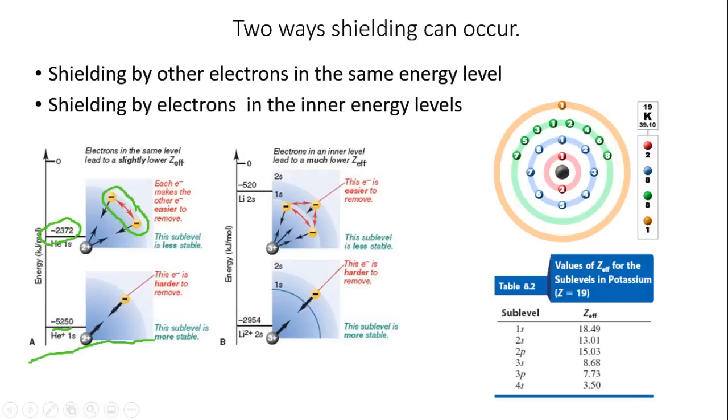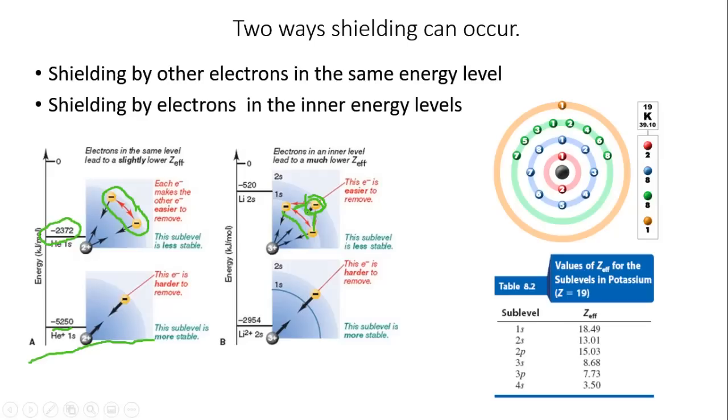Now, instead of adding electrons in the same energy level, if we put the electron further out, so instead of a 1s electron, now it's a 2s electron, and we have 1s electrons in front of it. Now this 2s electron has electron-electron repulsion with the inner electrons. There's only one outer electron, and so this outer electron becomes easy to remove because there's a lot of repulsion between it and the inner electrons.